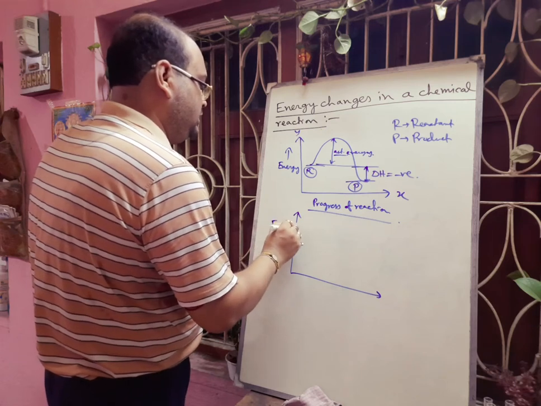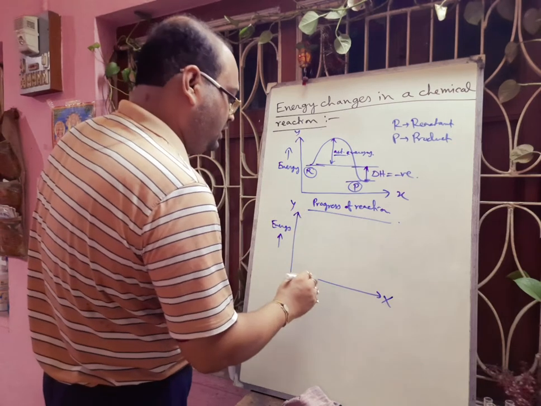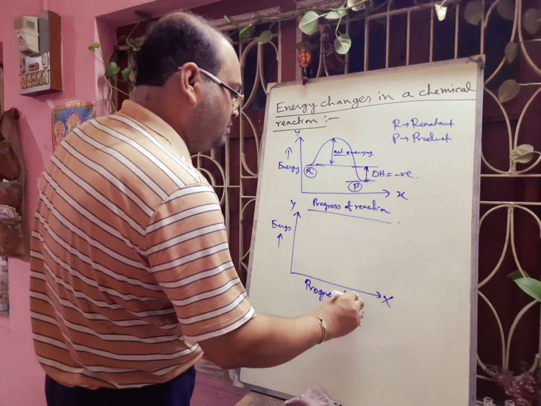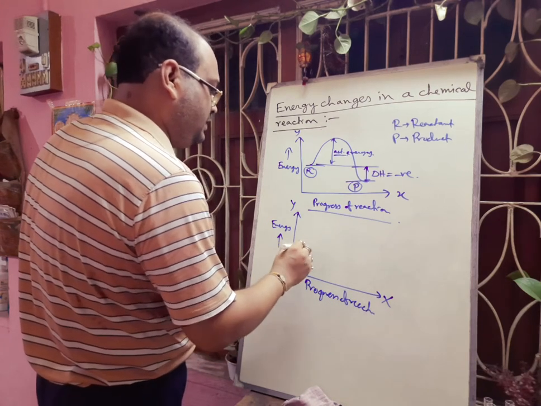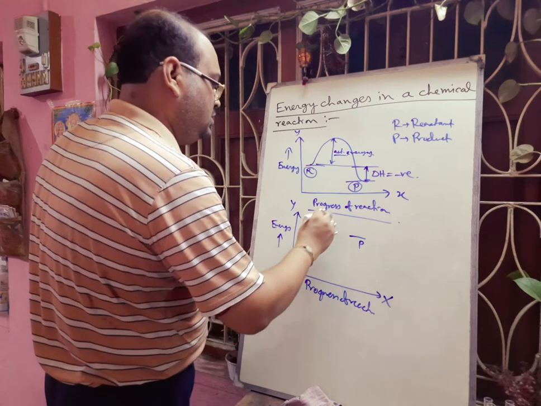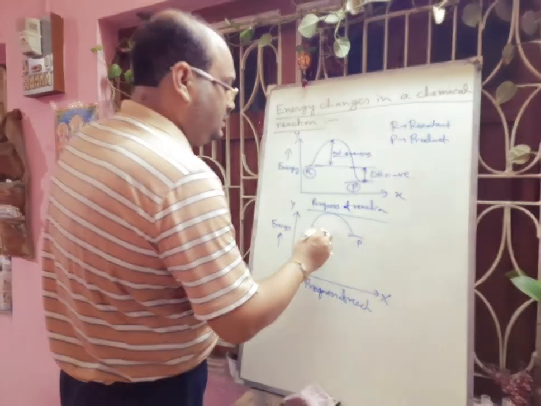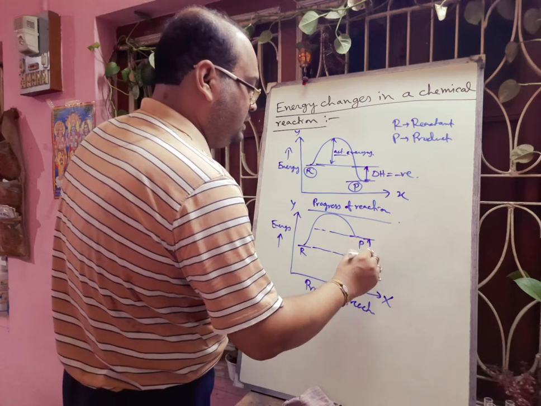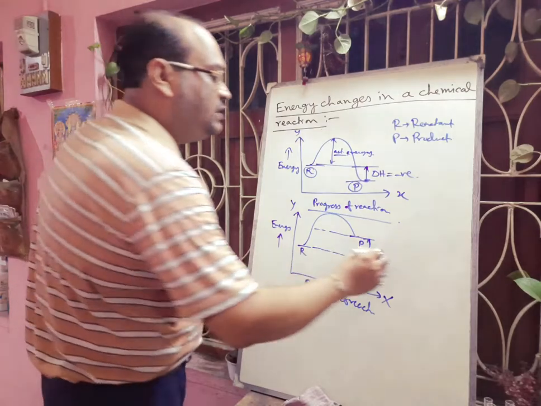So this is energy, this is the y-axis, and on the x-axis we are plotting the progress of the reaction. So this is the energy state of the reactant and this is the energy state of the product. So this is the diagram, and here the difference between the energy of reactant and product, that is the delta H, will be positive.